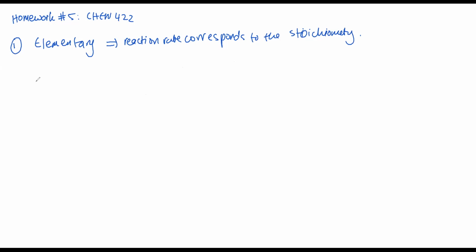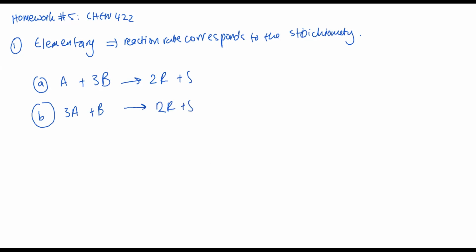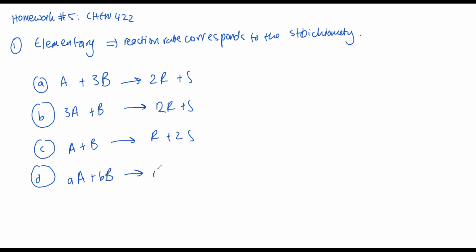A plus 3B is equal to 2R plus S, and again, this is very basic stuff. 3A plus B goes to 2R plus S. The third one is A plus B goes to R plus 2S. And finally, this is the generalized one, aA plus bB gives me rR plus sS. I'm going to do the generalized one, and you can do the other ones as you want.